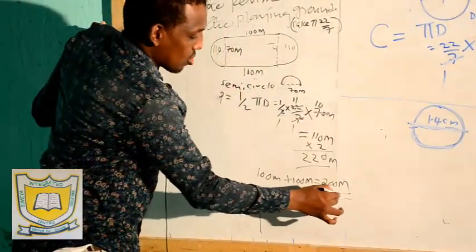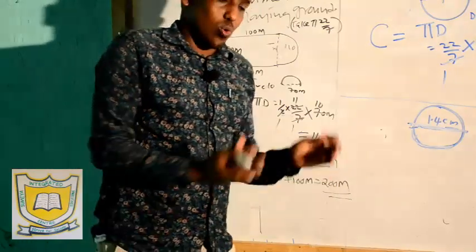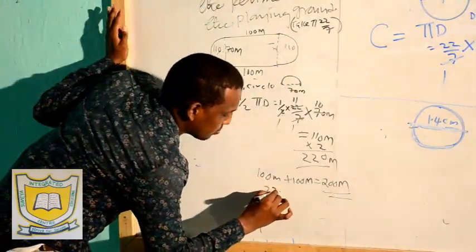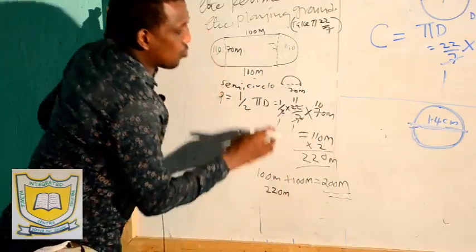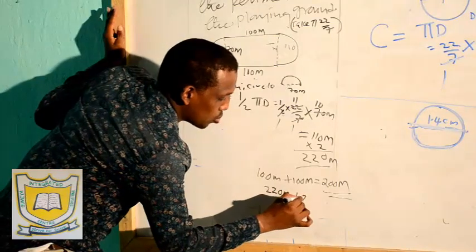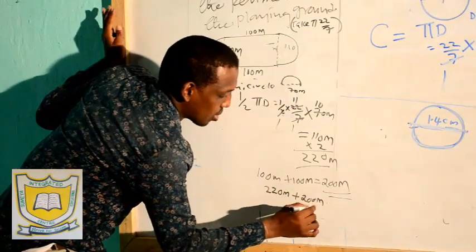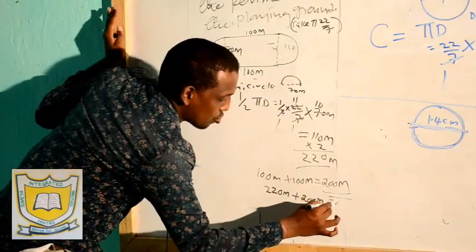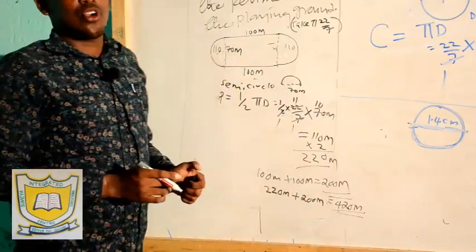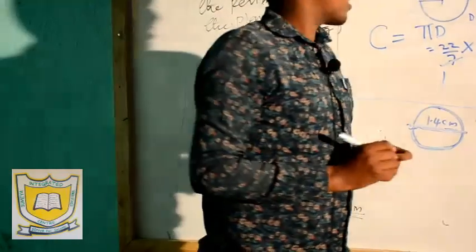So this is the rectangle, and this is the semicircle. We add now the two. 220 meters, that is from the two ends of the semicircle, plus 200 meters, that's of the rectangle. When we add, you get 420 meters.